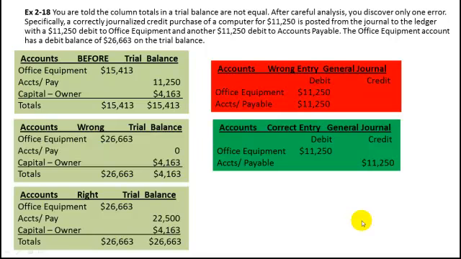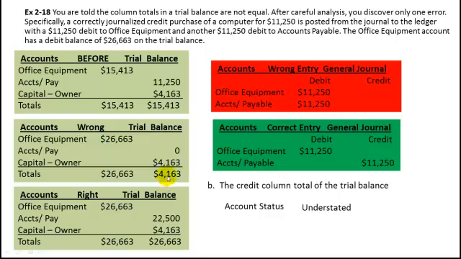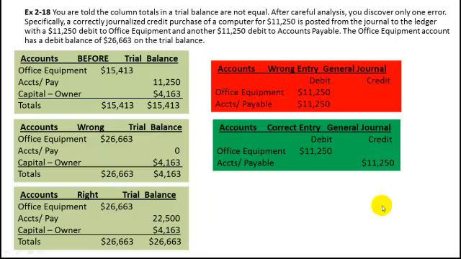Go to part B. Part B, they want to know the credit column total of the trial balance. What's the status of that? The account status is it's understated. It's $4,163 and it ought to be $26,663, so it's understated by $22,500. Part C, they want to know the balance of the equipment account on the trial balance.